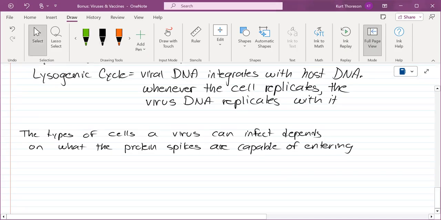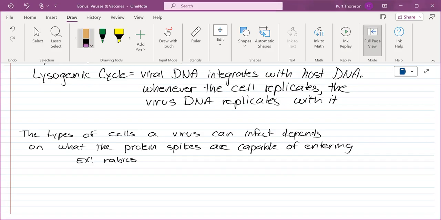So as I said earlier, for example, the rabies virus cannot infect non-mammals. It only affects us.